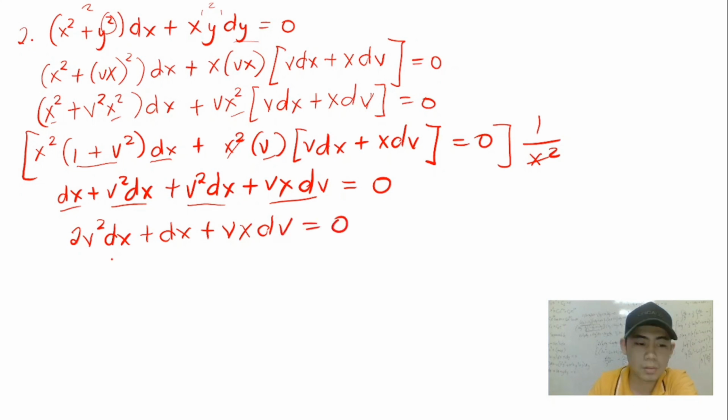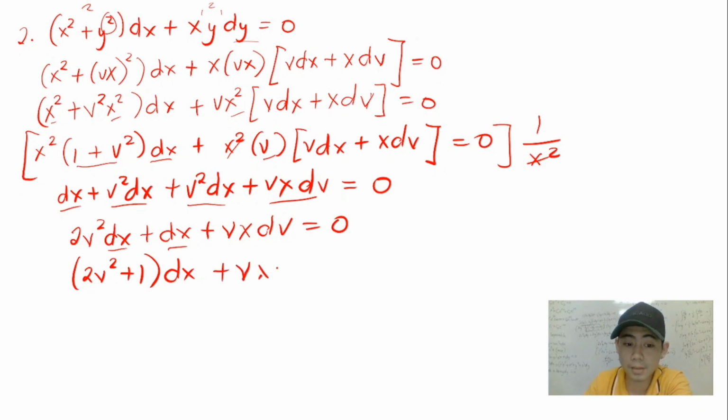If you notice, dx and dx is a common factor. Once there is a common factor, you need to factor it out. So, 2v squared plus 1 times dx plus vx times dv is equal now to 0. When your equation looks like this again, you can already do variable separable.